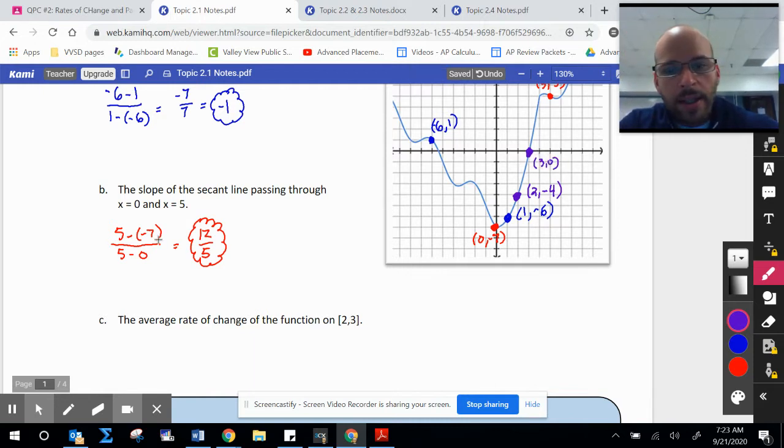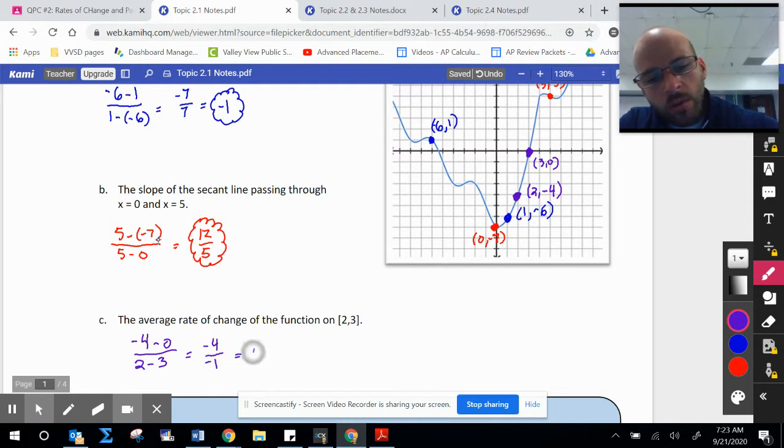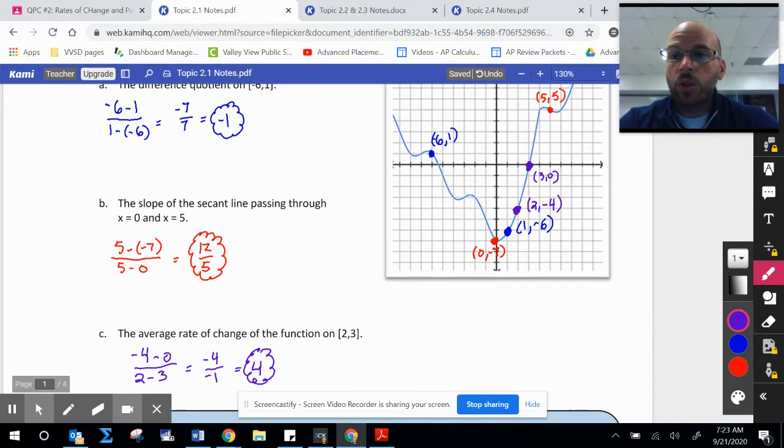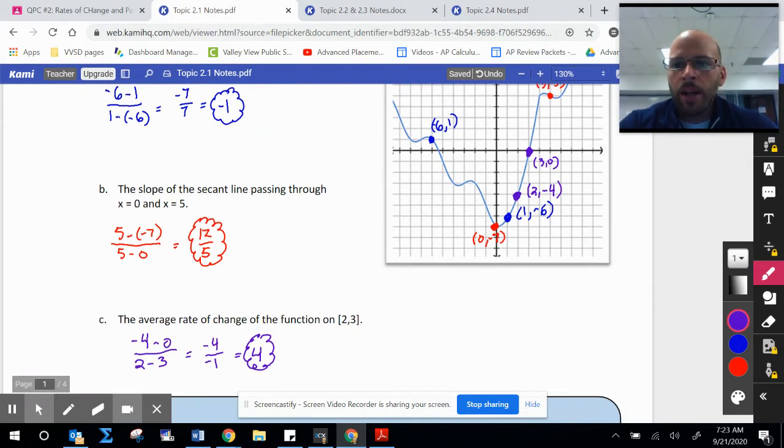So I can say the average rate of change would be, oops, wrong number. Okay, -4 minus 0 all over 2 minus 3. And I get -4 over -1, or in this case, +4. Okay, so I ended up getting my 3 difference quotients, or slopes of the secants, or average rate of change. Again, I want you to be familiar with the different terminology.